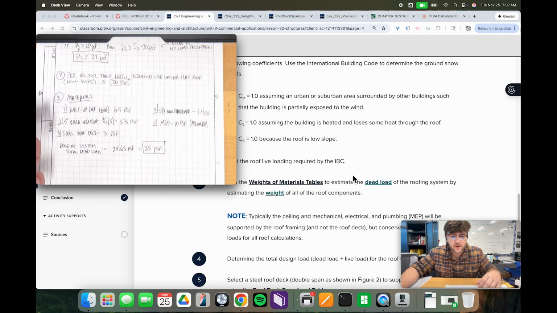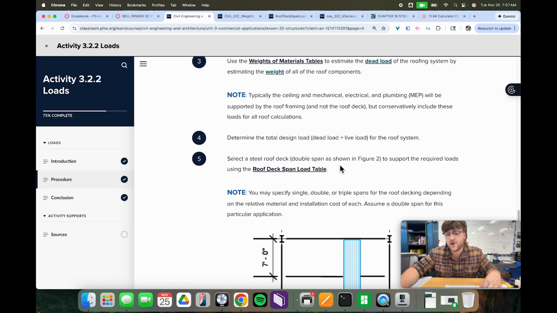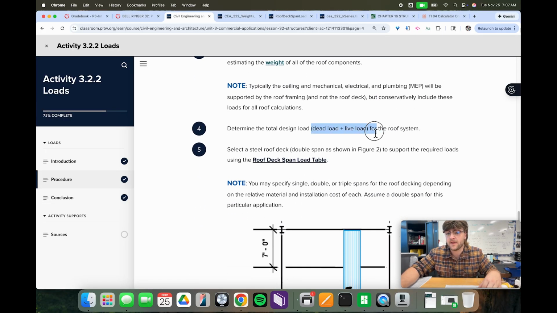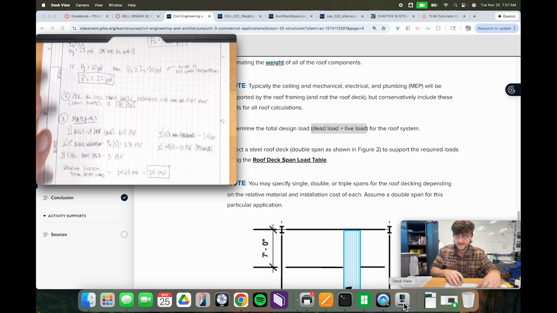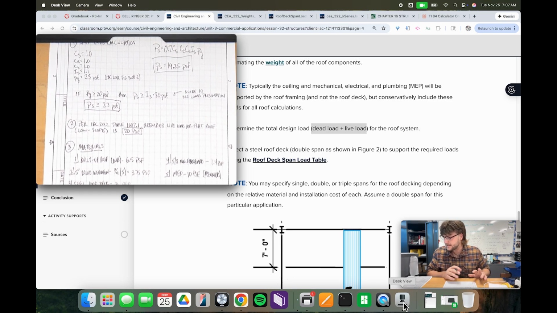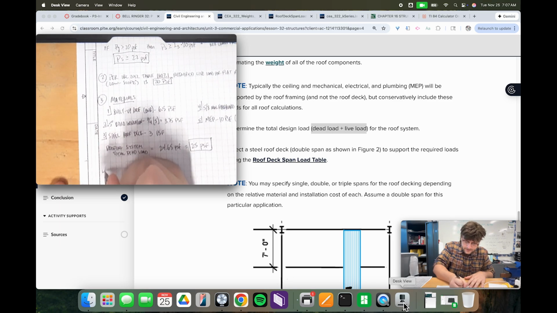So question number 4, they have determined the total design load. So this is the dead load plus the live load for the roofing system here. The equation that we want to end up using for this is the total load combination.